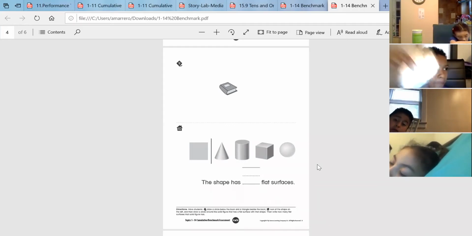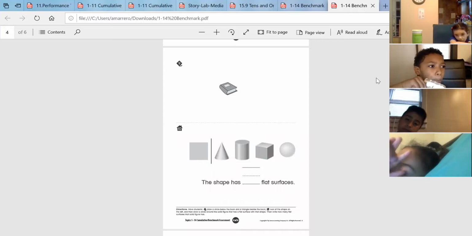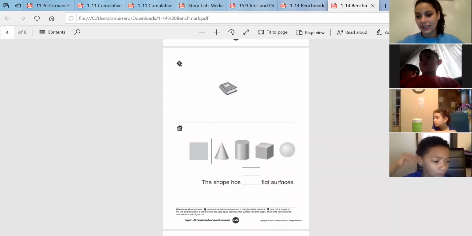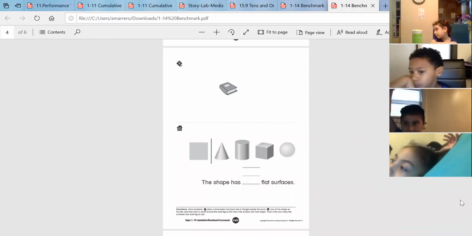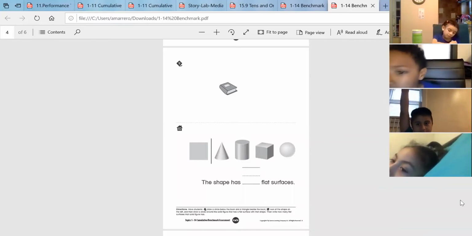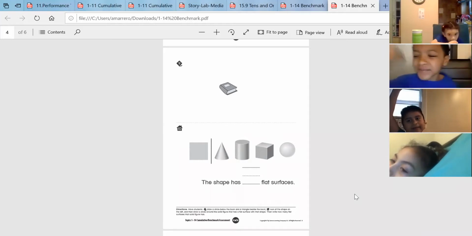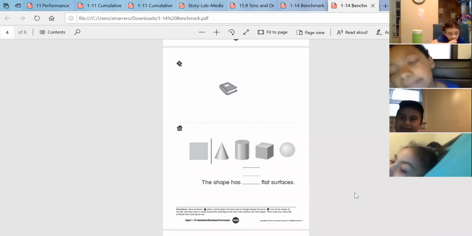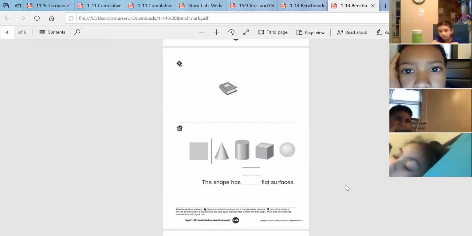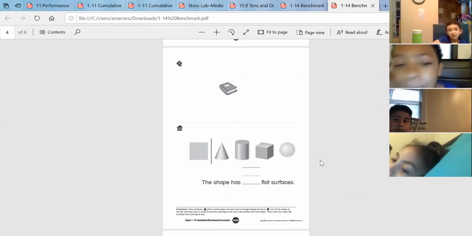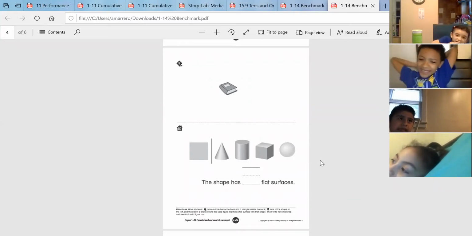Let's see if we can remember the name of that 3D shape that does have the square as their surface. Alana, is your hand up? The square is a cube. A cube, yes, it is a cube, and that was our 3D shape.